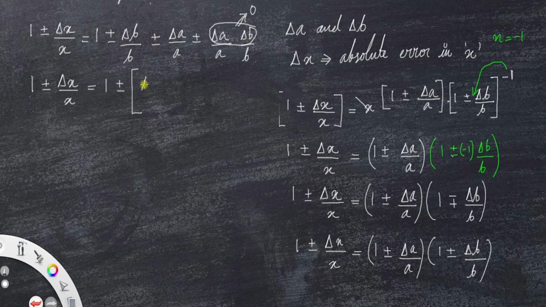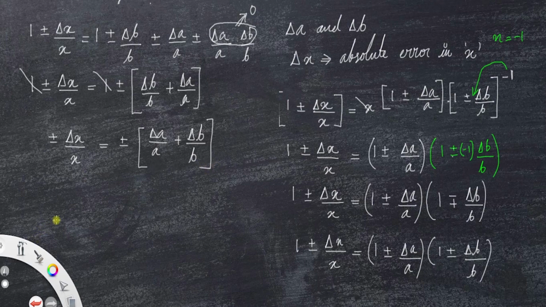It will be delta b by b plus delta a by a. This term becomes 0. Cancel this one. So plus or minus delta x by x is equal to, you can rearrange this as plus or minus delta a by a plus delta b by b.